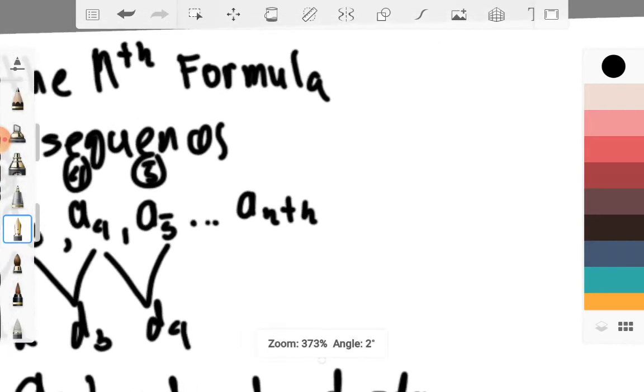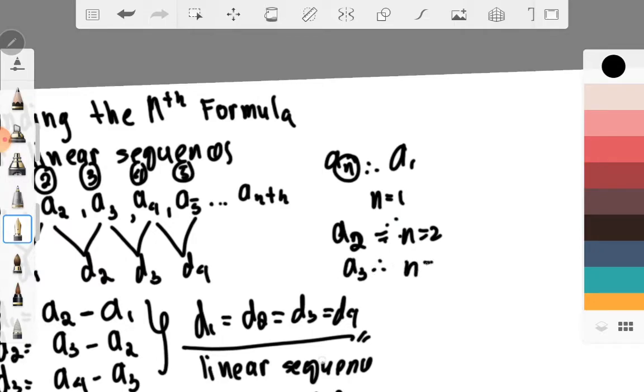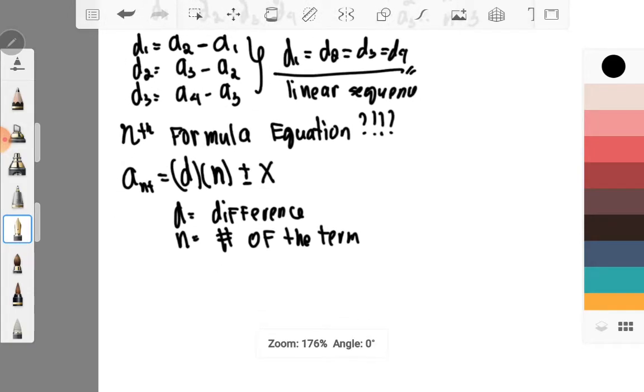So, take note that you have an, the subscript here means your n, or the position, kung anong number of terms siya. So, at your a1, therefore your n is equal to 1. At your a2, therefore your n is equal to 2. At your a3, therefore your n is equal to 3. Okay? That is the meaning of your n, or the number of the term.